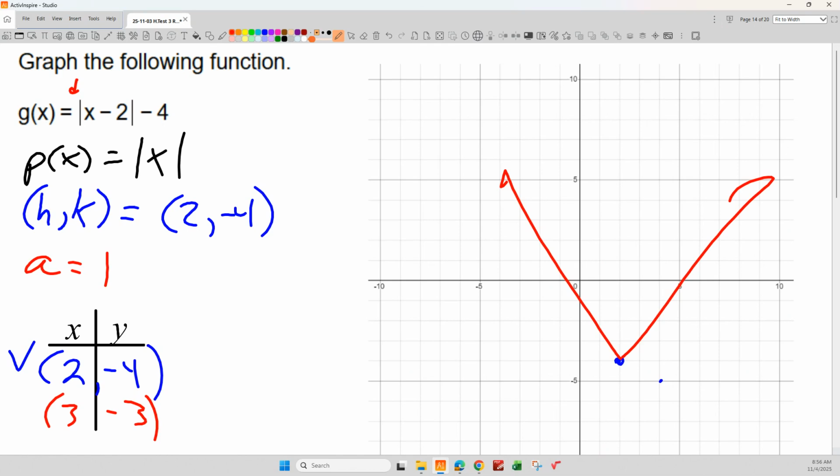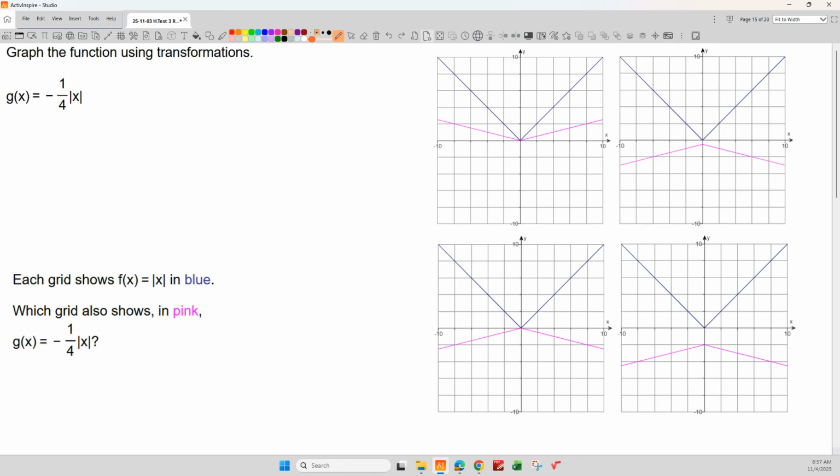If I get the vertex and one other point, I can just reflect that over my axis of symmetry to get a second point, and we got it. Okay, take your pick. Either way would work. I would prefer not to use the t-table. I mean, it's just easier if you think about this as stretching or compressing the parent graph based on a. But that's up to you.